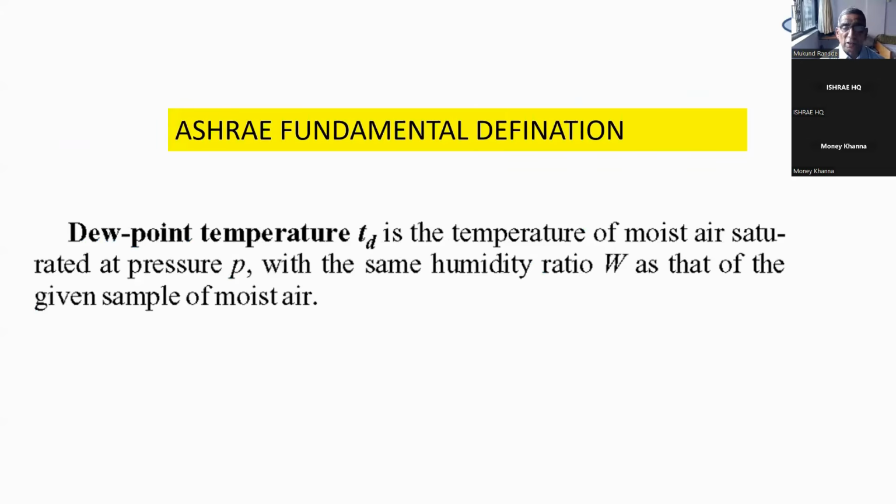But the engineer's definition, or the ISHRAE definition, is that the dew point temperature is the temperature of moist air saturated at pressure P. That means the air is saturated, but the first drop has not come out. That temperature is the correct dew point temperature as defined by ISHRAE fundamentals.